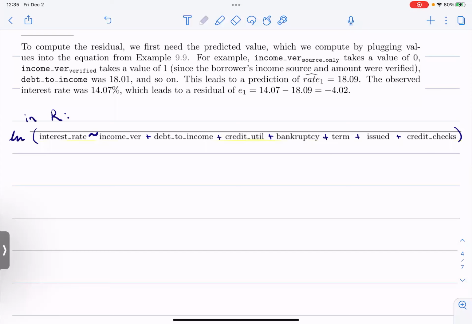Okay. And then here, it needs to generate coefficients for k minus 1 of the levels. And then same thing here.